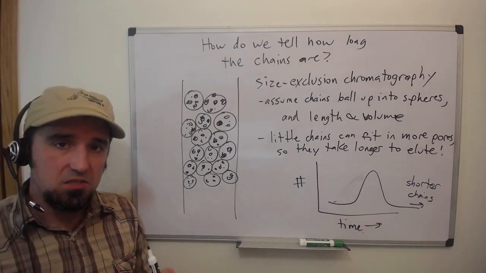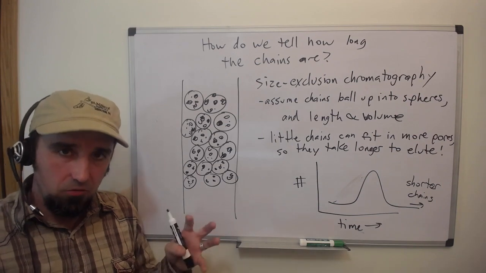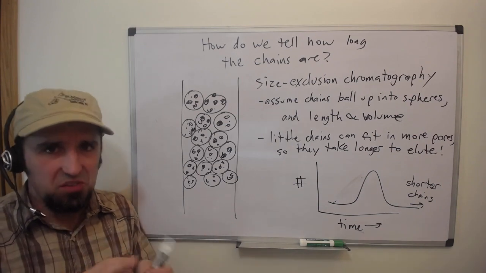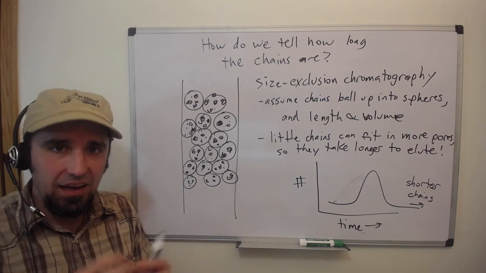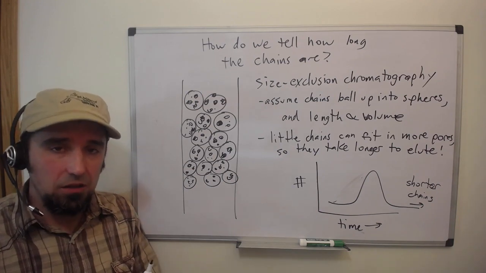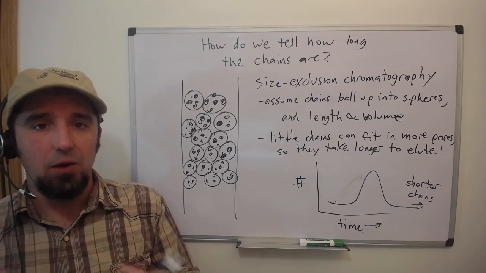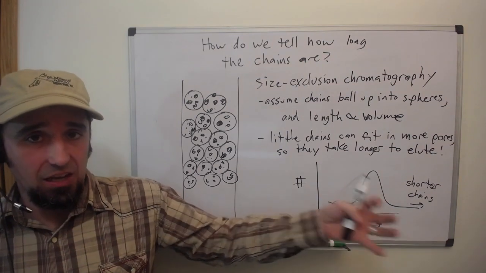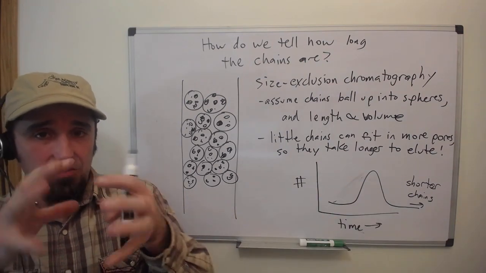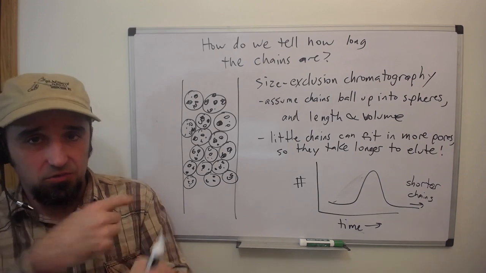Right? We're going to assume that our chains are kind of rolling up into kind of perfectly spherical balls. And so we're going to draw a direct relationship between the length of the chain and the size of the spherical little ball as it comes through here.